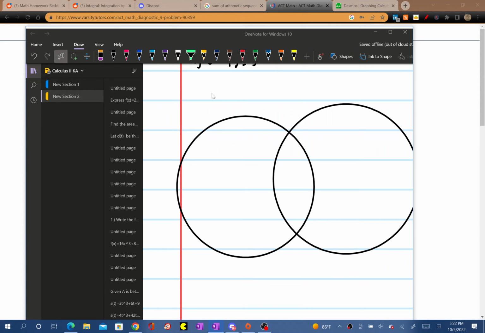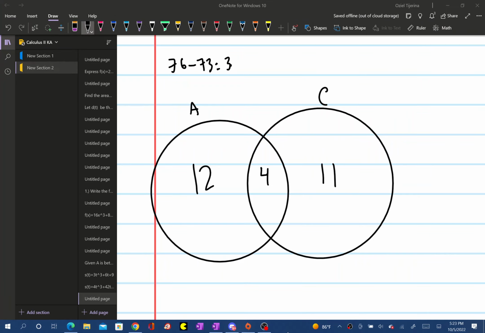Okay, hold on, guys. So there's 12 numbers in A, 4 numbers in both, and 11 numbers in C.